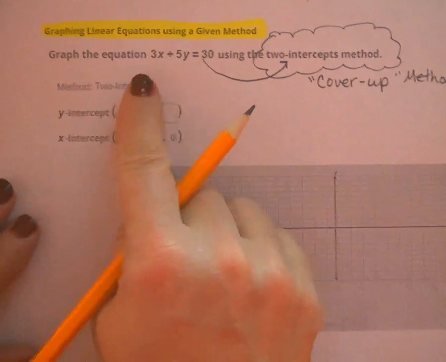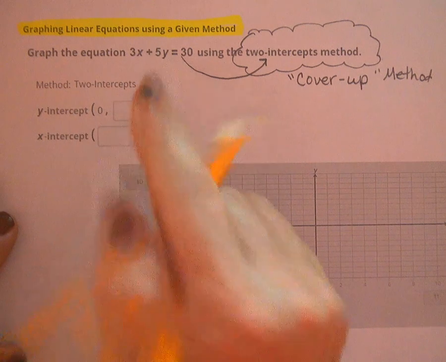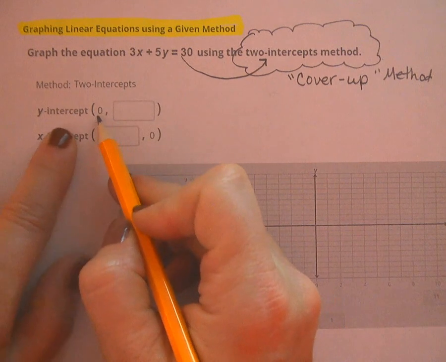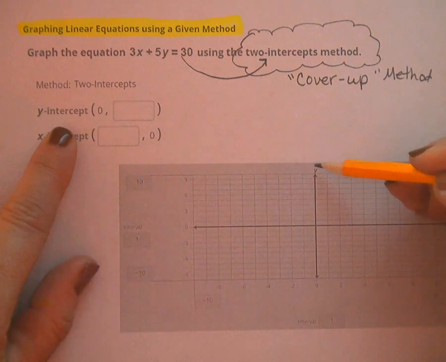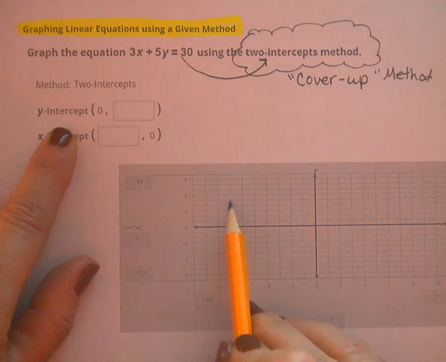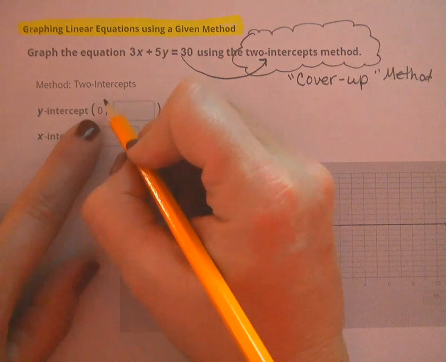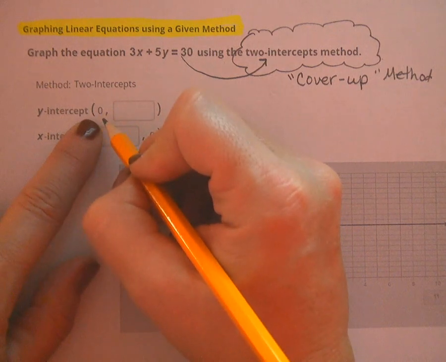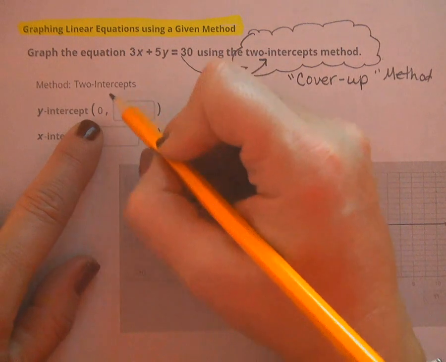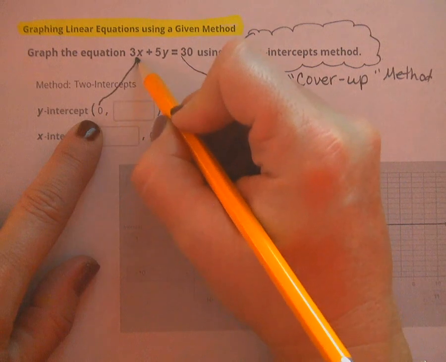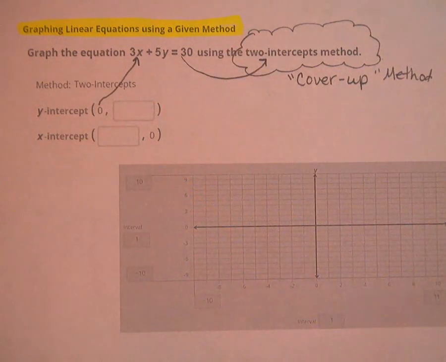So when something is in standard form, if we want to find the two intercepts, that means where does it hit the y-axis and where does it hit the x-axis? It hits the y-axis when x is 0. Okay, so we're going to put 0 up here in place of x. What is 3 times 0? 0.